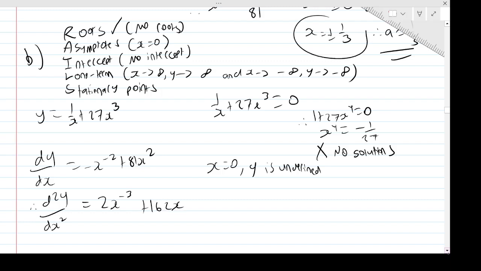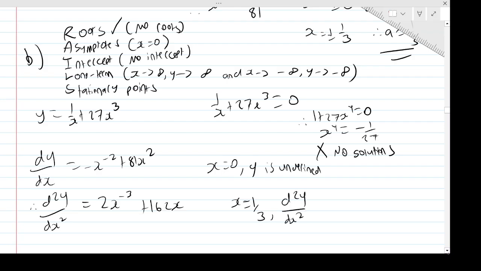Now, I have x is a third and x is minus a third, right? So firstly, if x is a third, then that's a stationary point. Then the type, I can look at the second derivative.